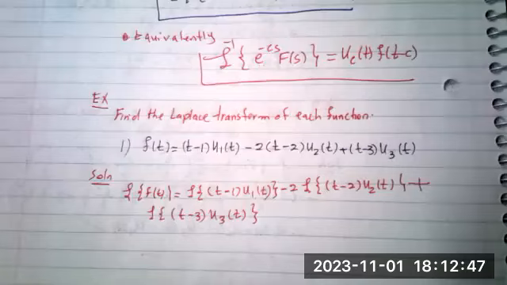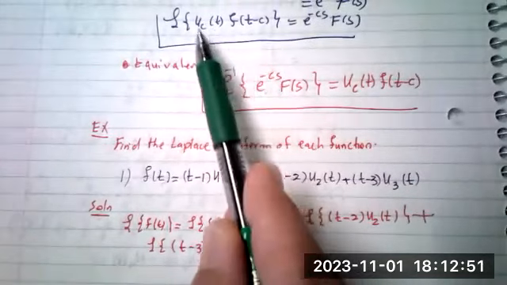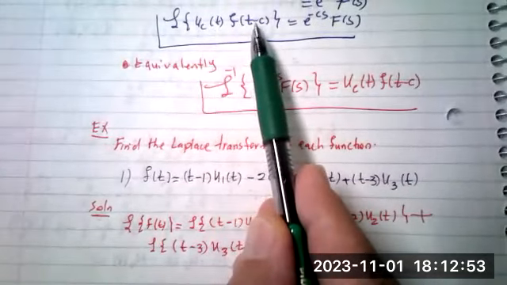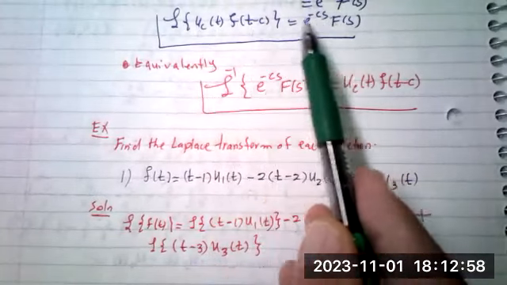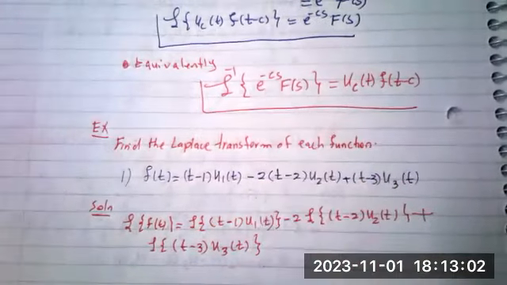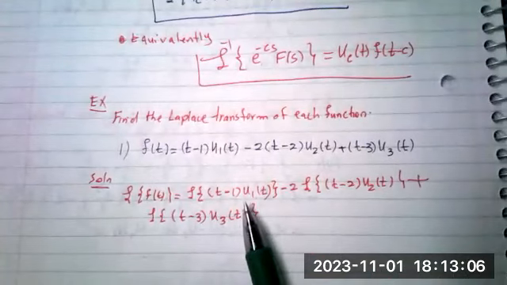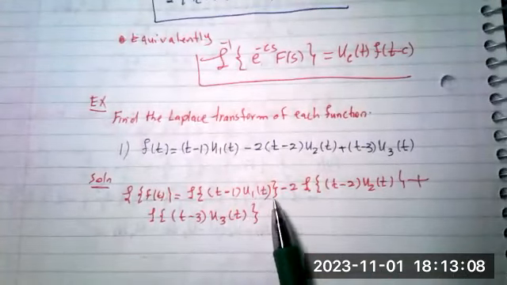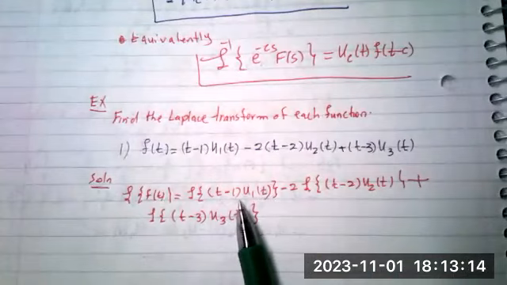Okay? So once more, look at this formula. You should have f of t minus c. This would be e to the negative cs times the Laplace of this function that you created over here. Now, if you compare it, you look at the base first. The base is 1, u1 of t. So this is going to be t minus 1. So f of t minus 1 is t minus 1.